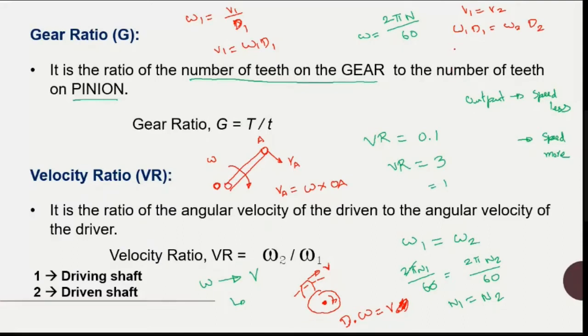Omega is 2 pi N by 60, so I will get N1 D1 is equal to N2 D2. When you reciprocate it, N1 by N2 is equal to D2 by D1. Right? So this is the relation.